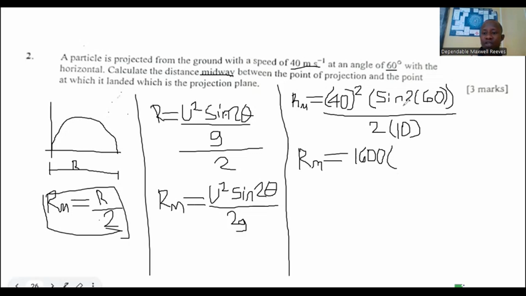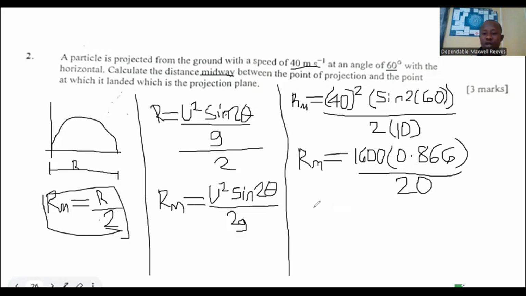Sin of 120 degrees gives 0.866, all divided by 2 times 10, which is 20.